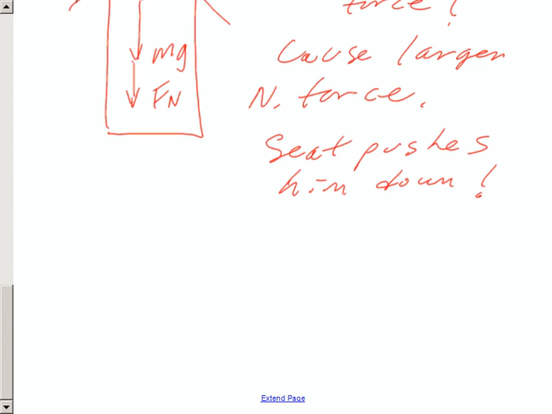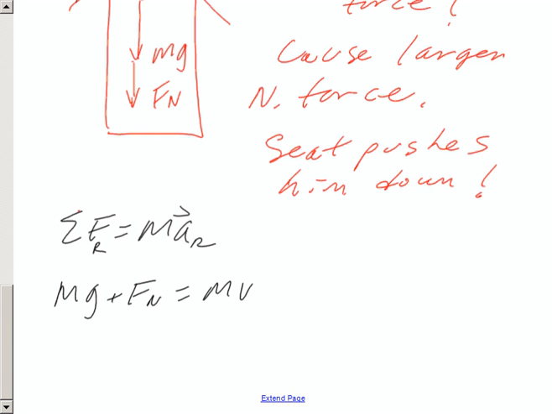So what we would find here then, sum of the forces in the radial direction equals m a radial, and that would be mg plus fn equals mv squared over r.